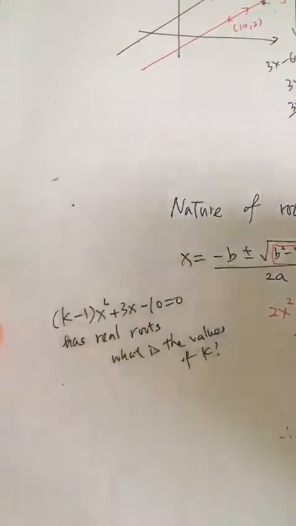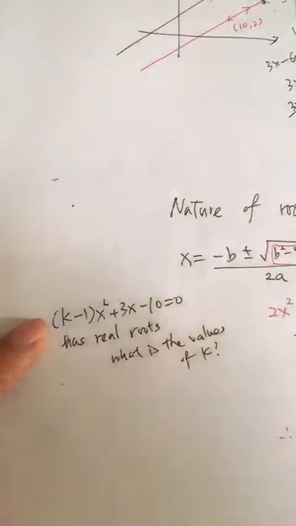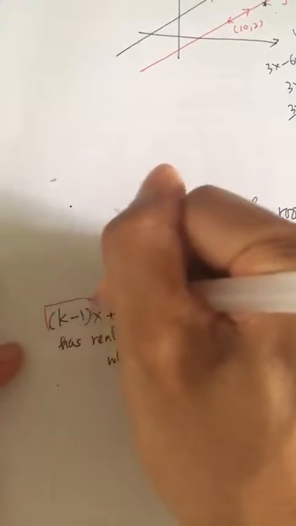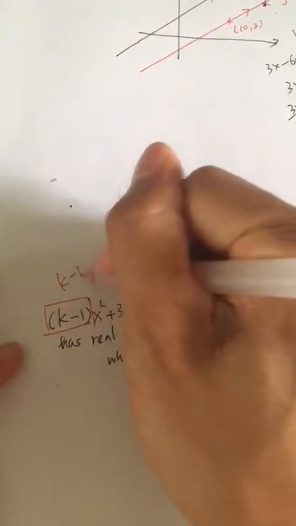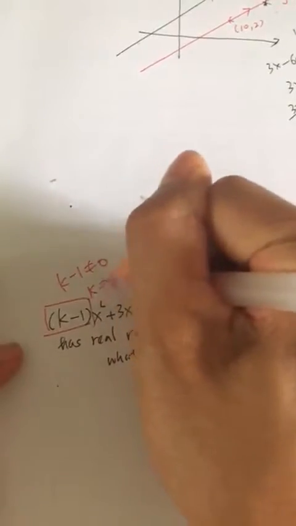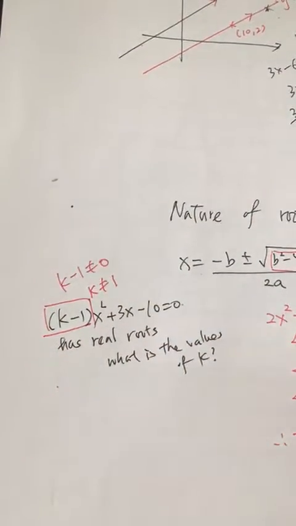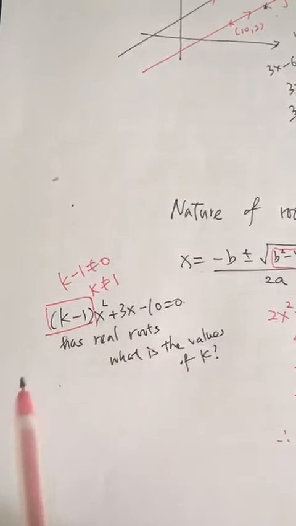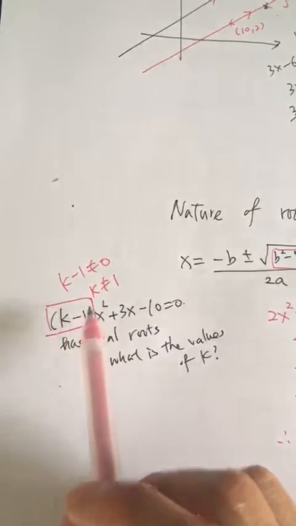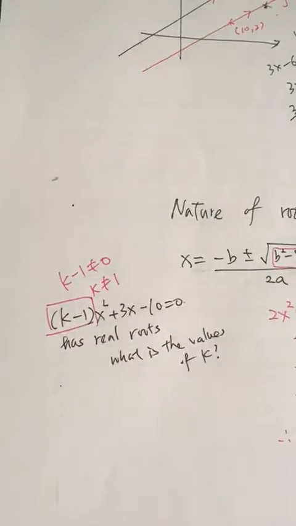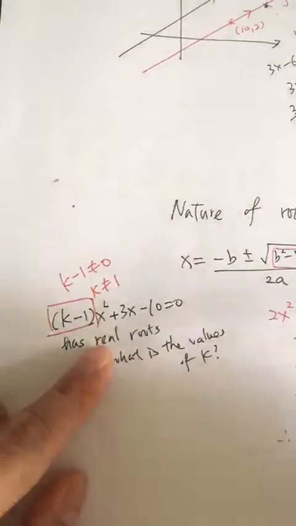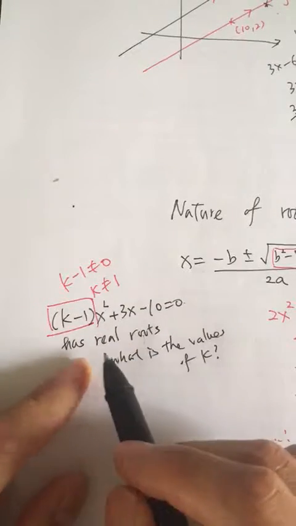Before I start, remember it is a quadratic equation. Make sure the part a must not equal 0, so k must not equal 1. Keep in mind, if you find at last that k equals 1, you have to reject the answer because it cannot be 1. Now I know it has real roots.